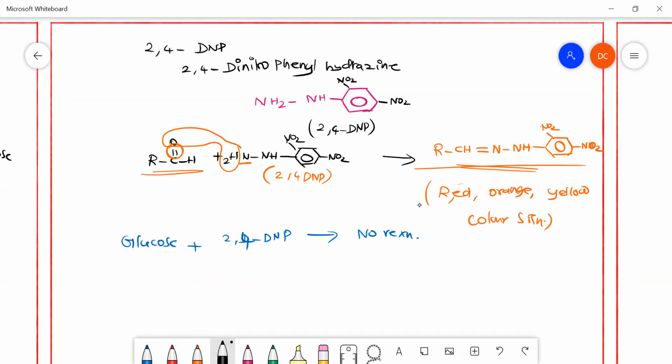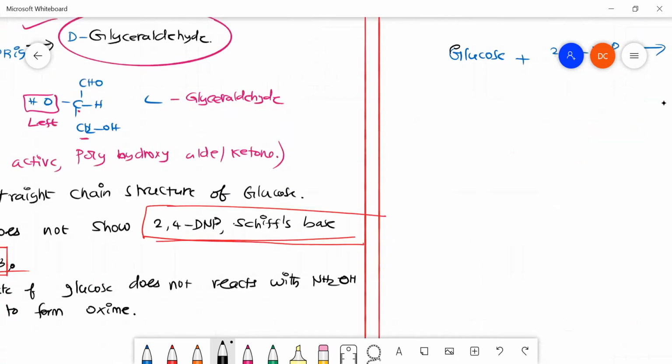Glucose containing an aldehyde group is not in the free state, which confirms that in glucose the aldehyde group will not be present as CHO as it is, because it is in a different form. That is confirmed by the 2,4 DNP test. When 2,4 DNP reacts with an aldehyde, it should form these colors, red, orange or yellow solution. But we predicted the structure of glucose as an aldehyde, am I right?